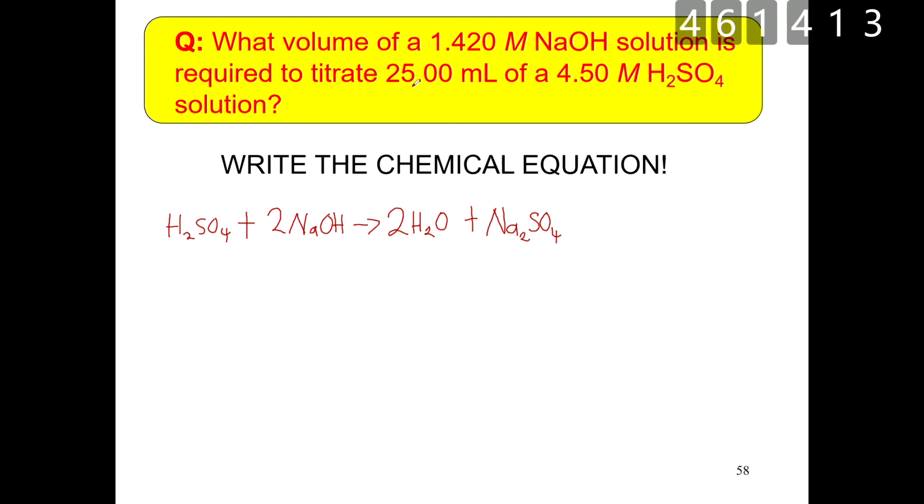So now we know the volume and the concentration of acid, right? We know the concentration of base. We calculate the volume.